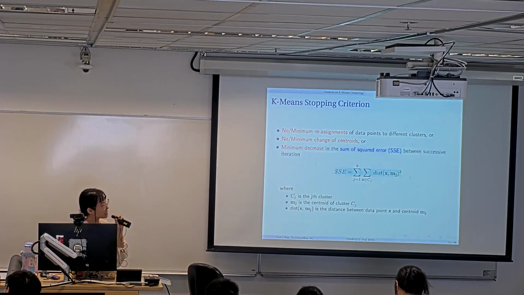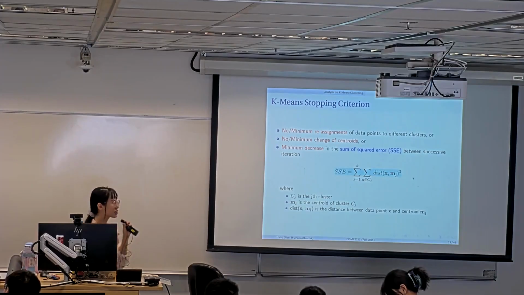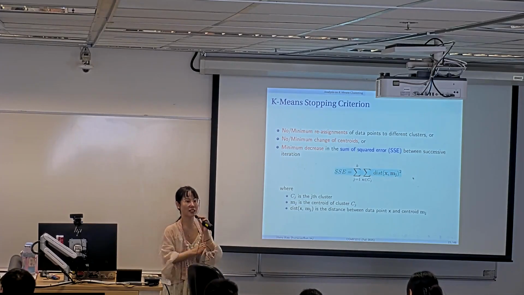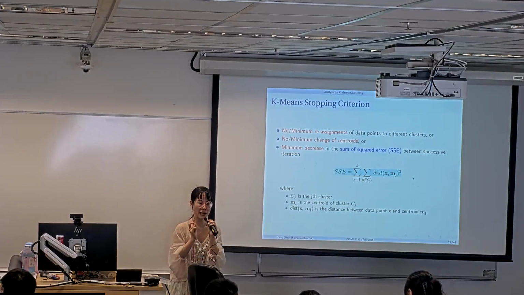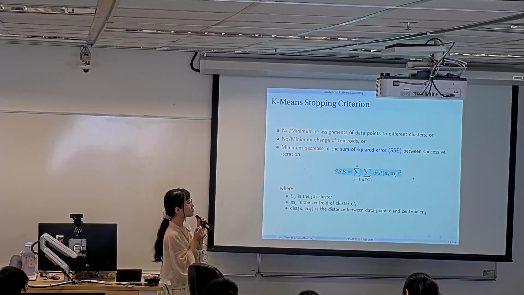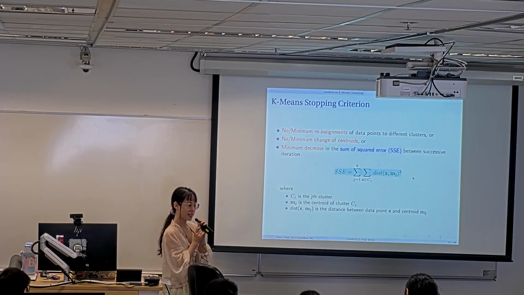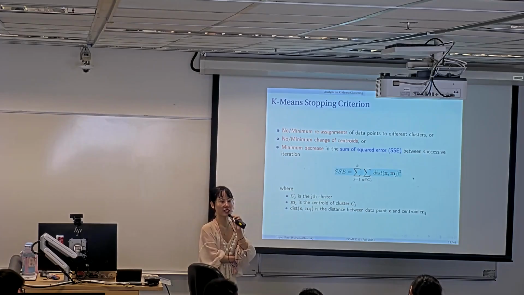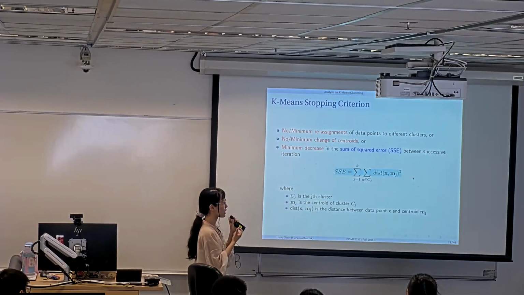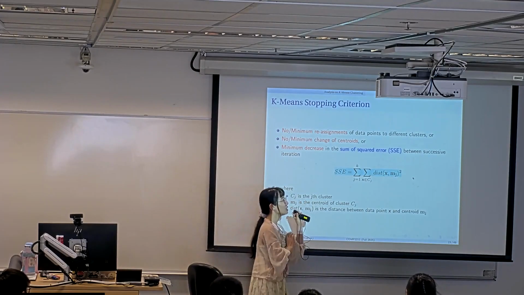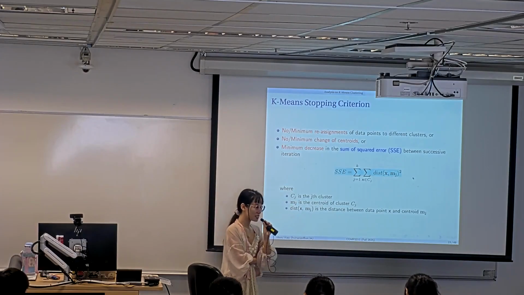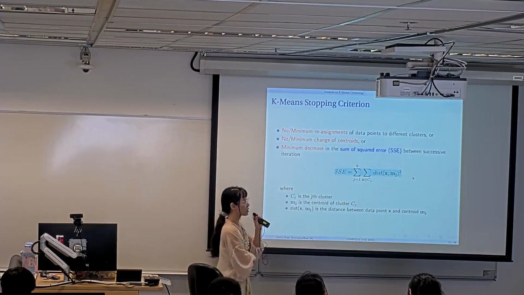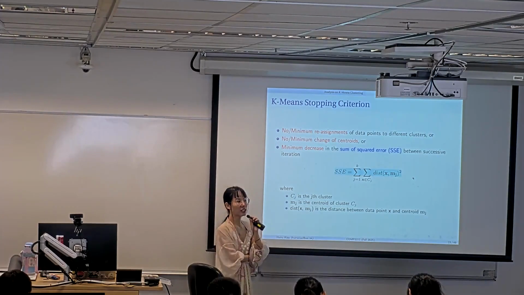Even though the steps of K-means clustering we have seen are quite simple and straightforward, all of the steps are trying to minimize one error, this sum of squared error. The ultimate goal of K-means clustering is to minimize this error. So K-means clustering has an error function, and it always tries to minimize it.